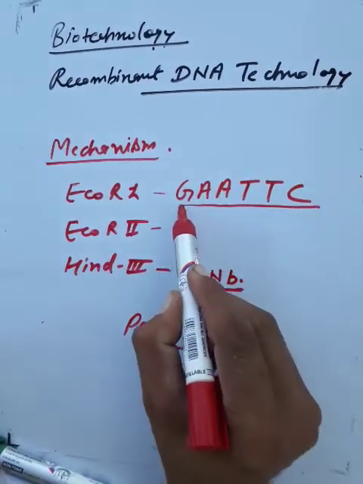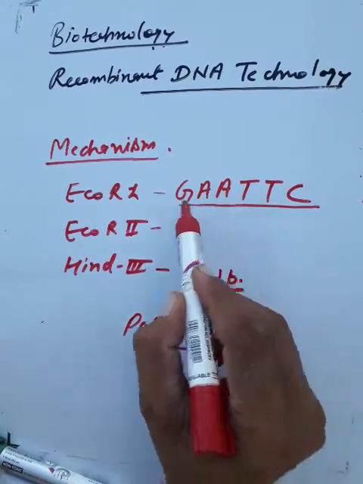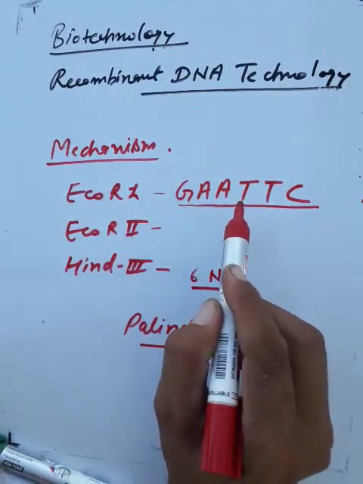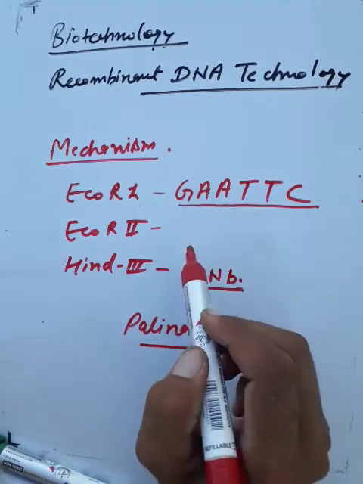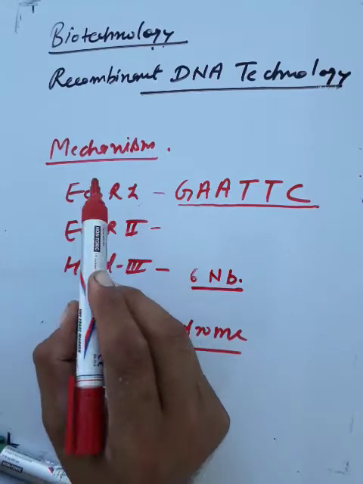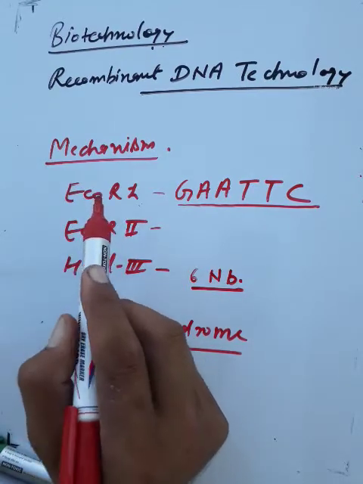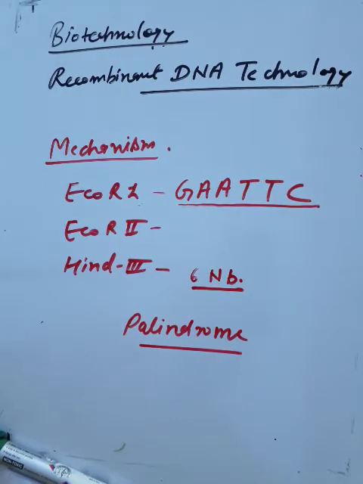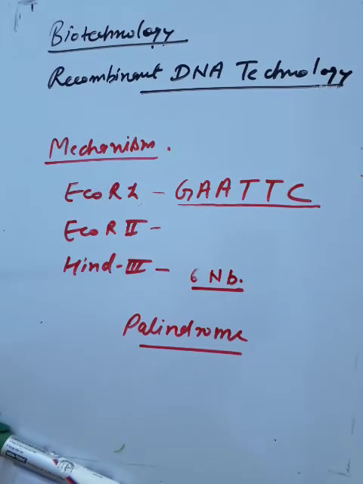In the DNA where that sequence is present, the restriction endonuclease identifies it and cuts it. So, restriction endonuclease enzyme is known as molecular scissors.